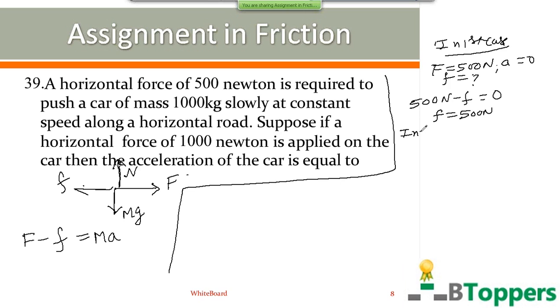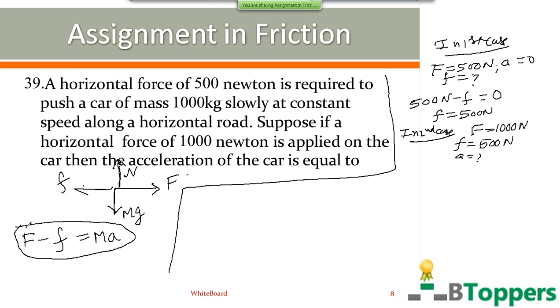In the second case, the magnitude of the horizontal force applied is 1000 newtons, but magnitude of friction during motion will not change with increase in the magnitude of the horizontal force applied. You have to find magnitude of acceleration. Again, we use the same equation, capital F minus small f equal to m into a.